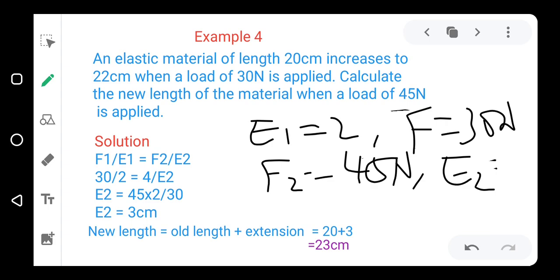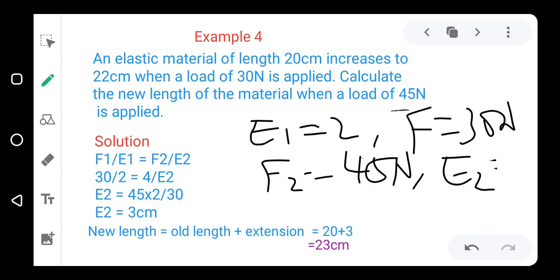Now for us to get the new length of the material, we first of all have to get the extension of the material. When we get the extension, then we add the extension, which is the increase in length, to the old length, and then we get the new length of the material.